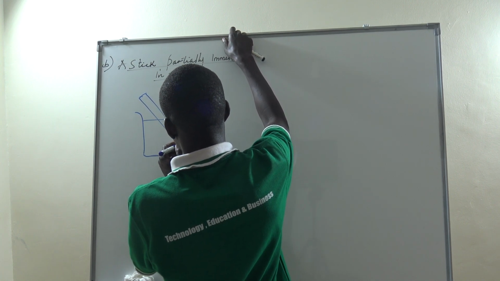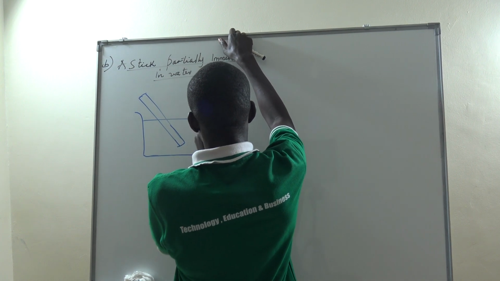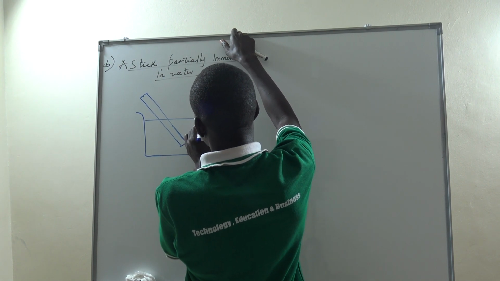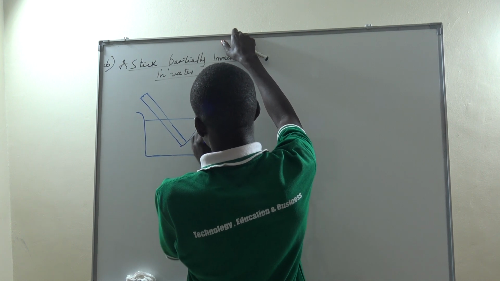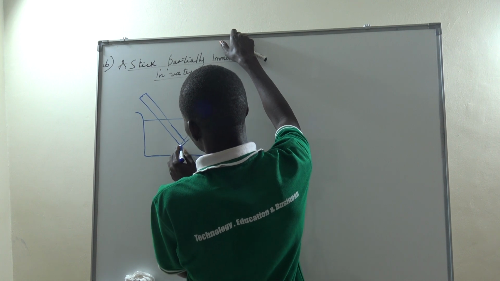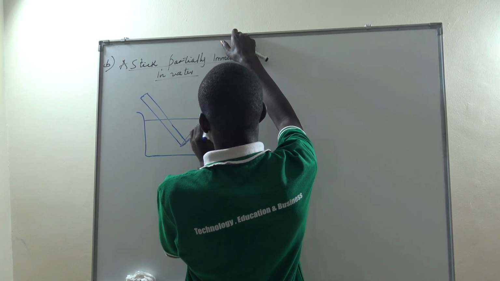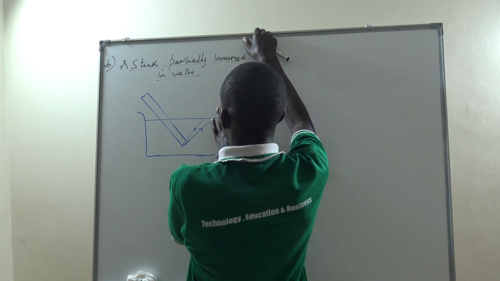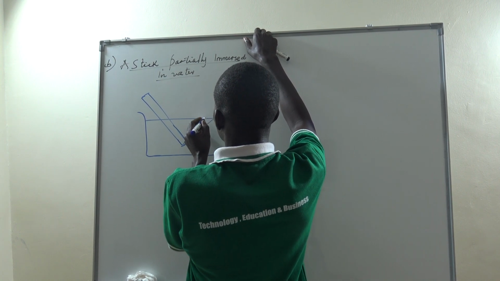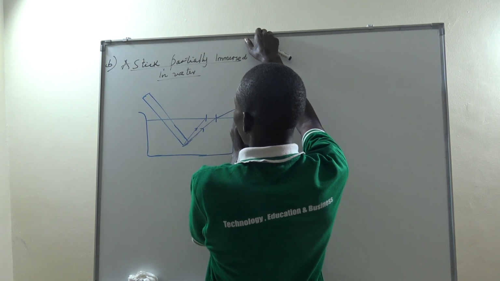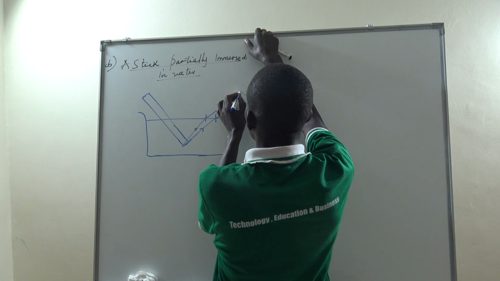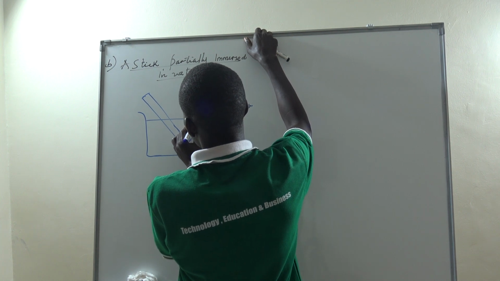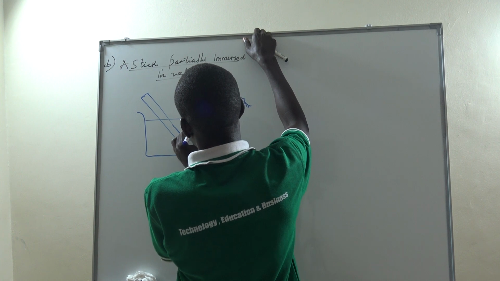like this, okay, light rays will come from here and then when it is moving out, it will bend away from normal to someone's eye here, and as a result this other one here will be something like this.